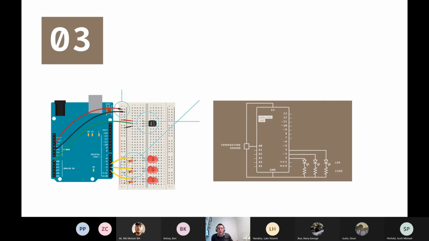They do something, they turn on. And so we can start to make a guess about what the circuit's going to do. It's going to read some information from the temperature sensor, and based on that, it's going to do something with the actuators. So I would guess, looking at this circuit, the warmer the temperature sensor gets, the more LEDs are going to turn on. That's the kind of thing that you could do.